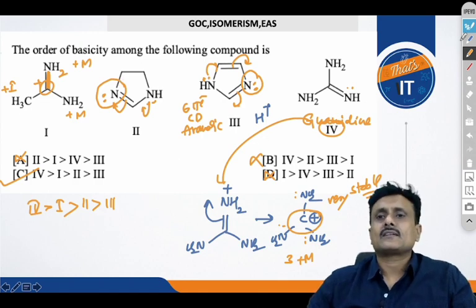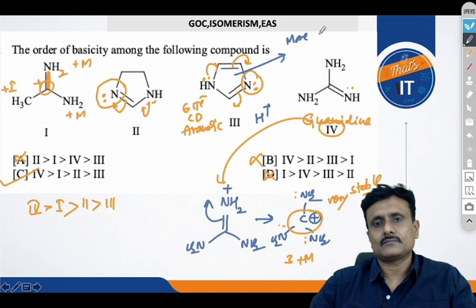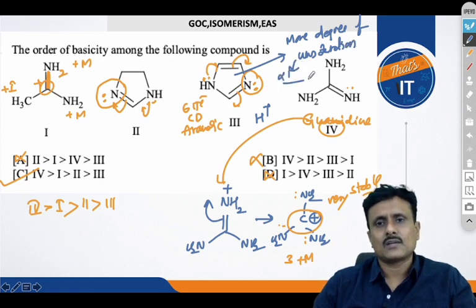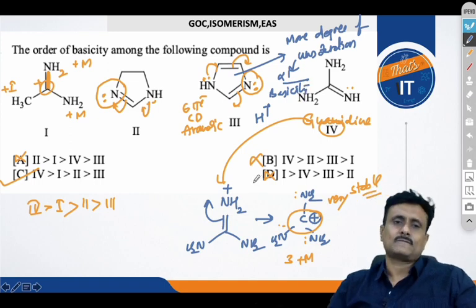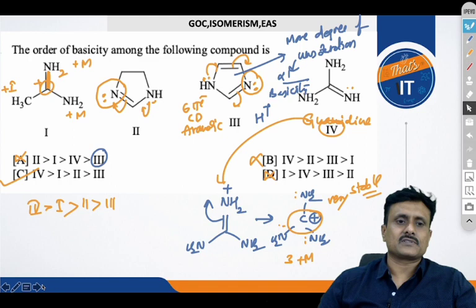You can see that over here there is more degree of unsaturation. And you know that if the degree of unsaturation is more, then basic strength is less. So that's the reason why 3 comes in the last position.